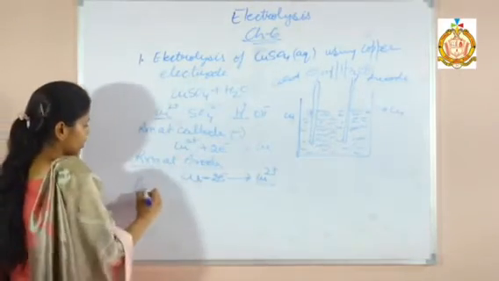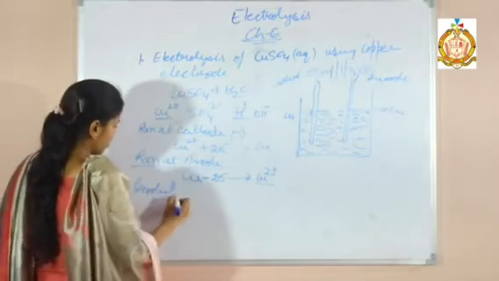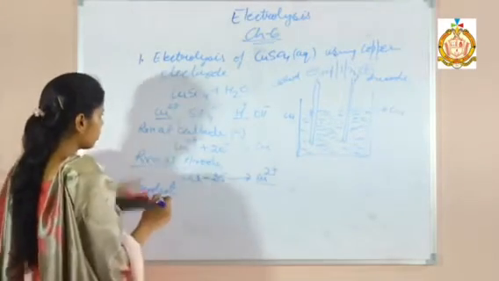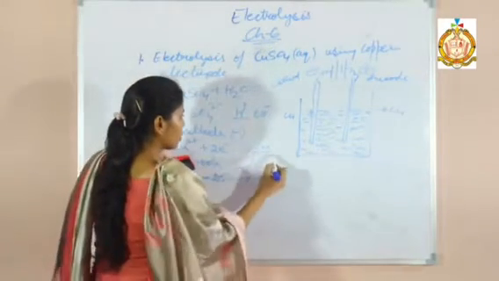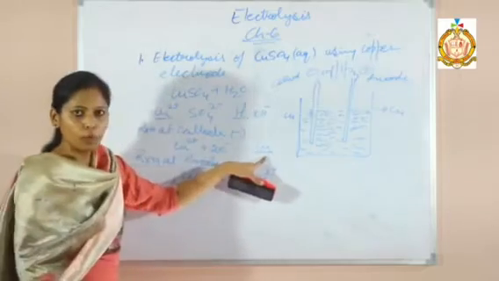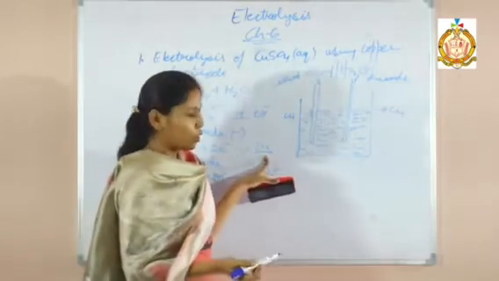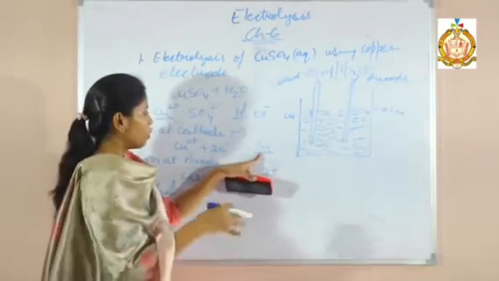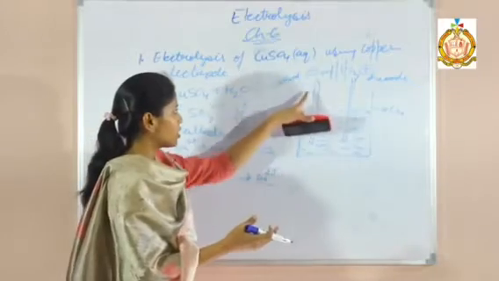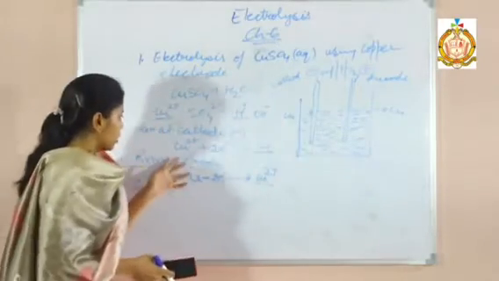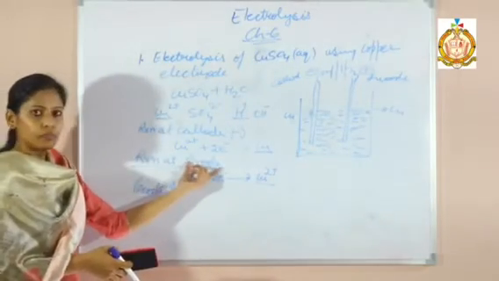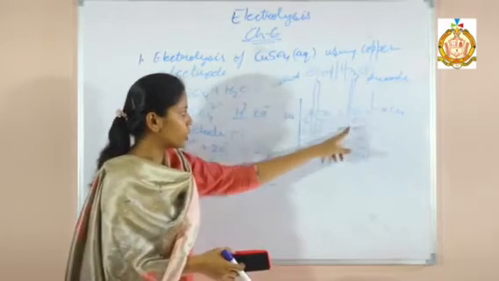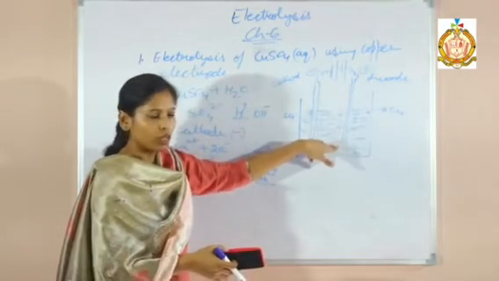So next one is product at cathode. What is the product at cathode? What is the color of copper? It is reddish brown. So reddish brown copper metal is deposited at cathode. Can you see any product at anode? It itself is dissolving in the solution.